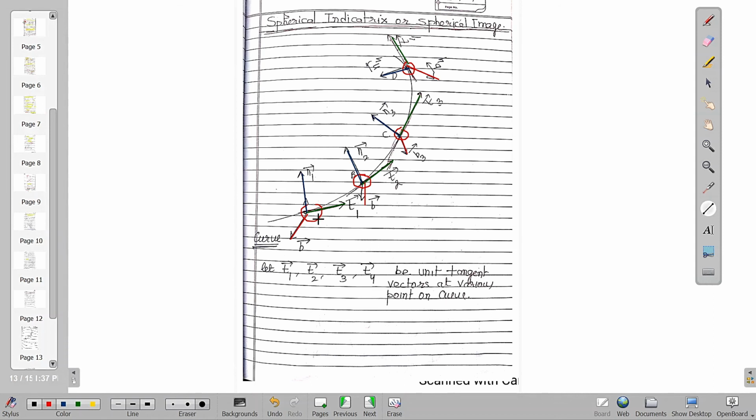Clear? So first we take this direction. For example, if I take this direction, this direction is this, and we take the length one unit. Correct? This is T1. We take this red color, this direction of this tangent with length 1.